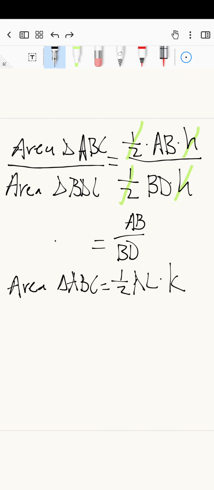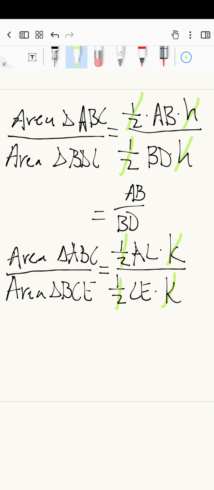So let me get rid of these equal signs. There should only then be one. Okay, so now again we can see your halves cancel out, your K's cancel out. So we are solely left with AC divided by CE. If we go look back, that is the right hand side of our theorem.